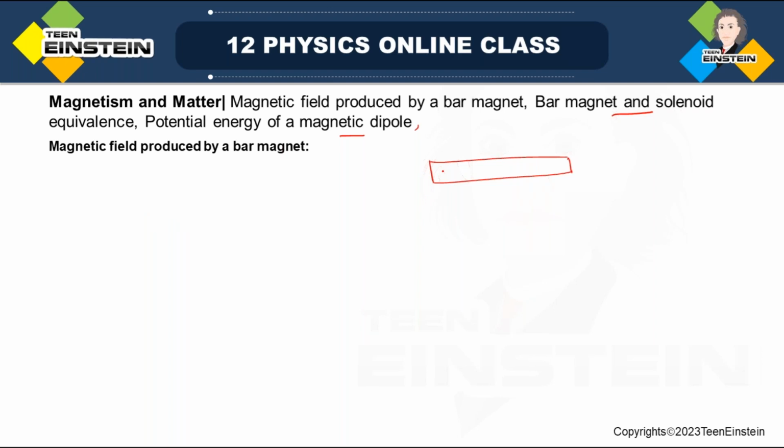So we have just thought of two equal and opposite charges situated at these two points, north pole and south pole.